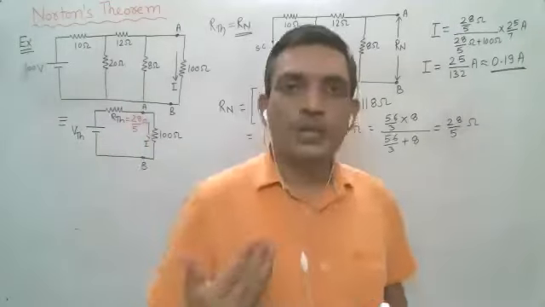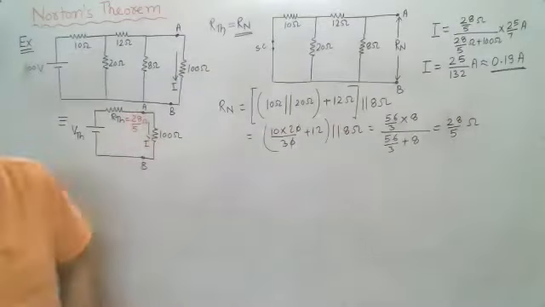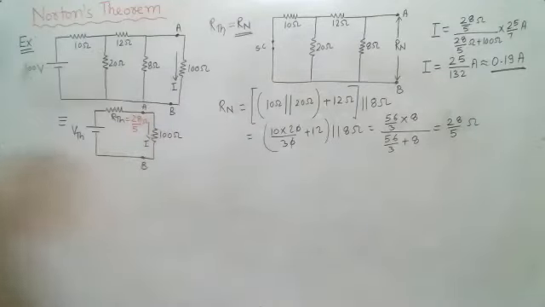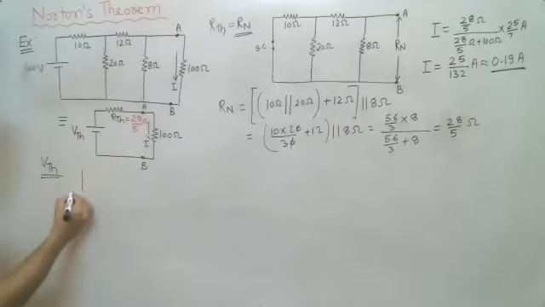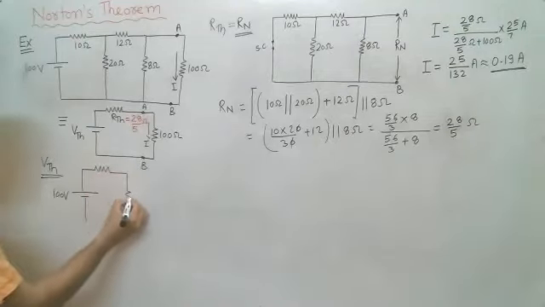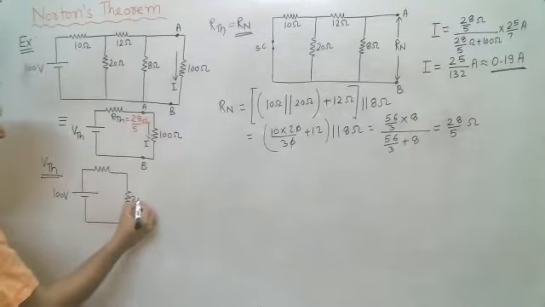What will be open circuit voltage? Vth is open circuit voltage. So we have to draw equivalent for Vth. Let us draw equivalent. This is 100 volt. This is 20 ohm.